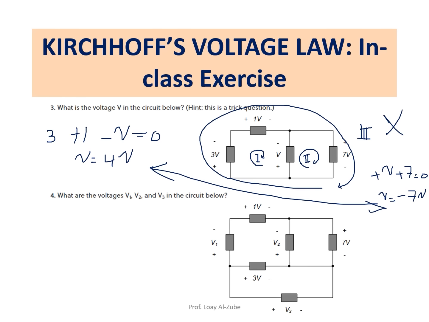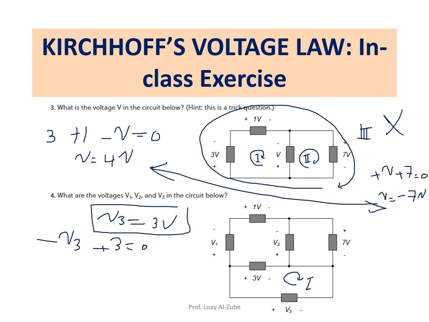If you start with the smallest one, which is the easiest one, call it loop 1: minus V3 plus 3 equals 0. So V3 equals 3 volts.